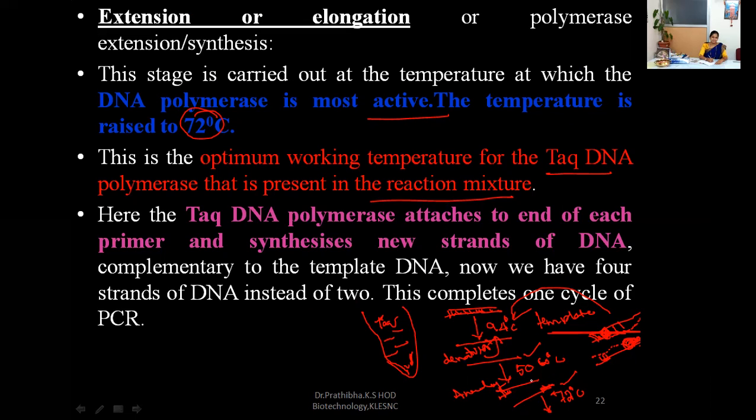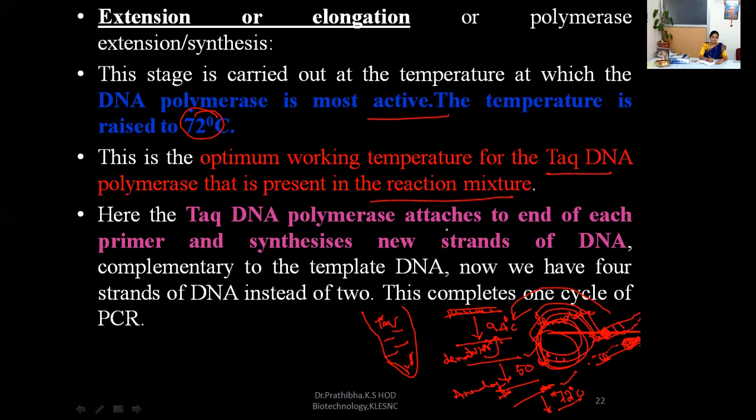After that, we increase the PCR machine temperature to 72 degrees Celsius. At 72 degrees Celsius, the DNA polymerase attaches to the double-stranded initiation region and starts synthesizing individual nucleotides according to the template DNA. Once the Taq DNA polymerase finishes synthesis, it detaches, and the cycle repeats: denaturation, annealing, extension, denaturation, annealing, extension. That's why it is known as a repeated thermal cycler.